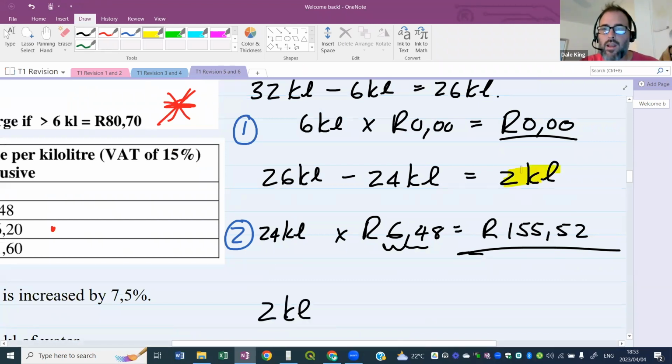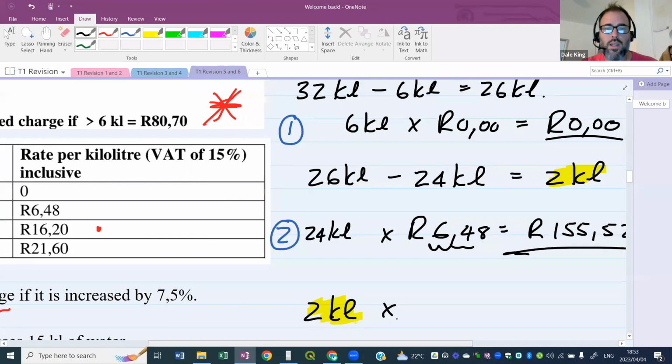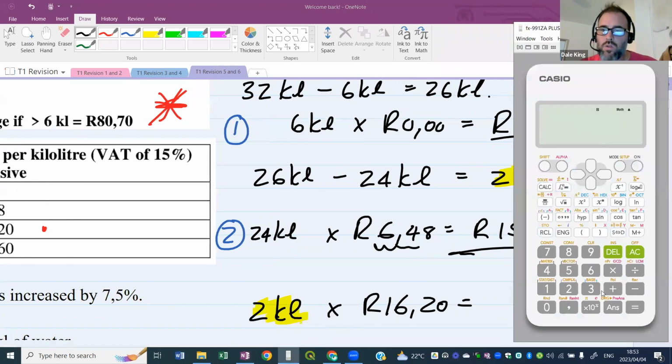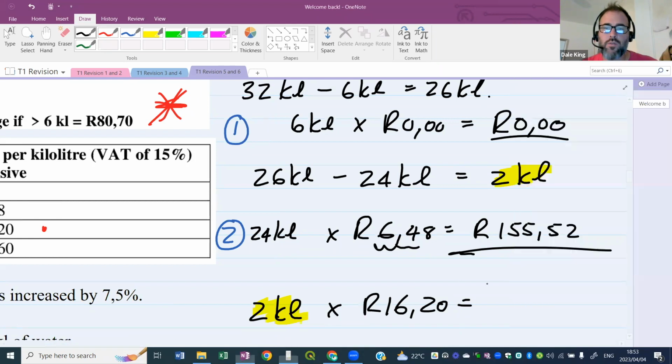This is the remainder. This 2 that is left, I charge at the third bracket's rate, which is 16 Rand 20. So I've got to calculate that: 2 times 16 Rand 20 is 32 Rand 40.